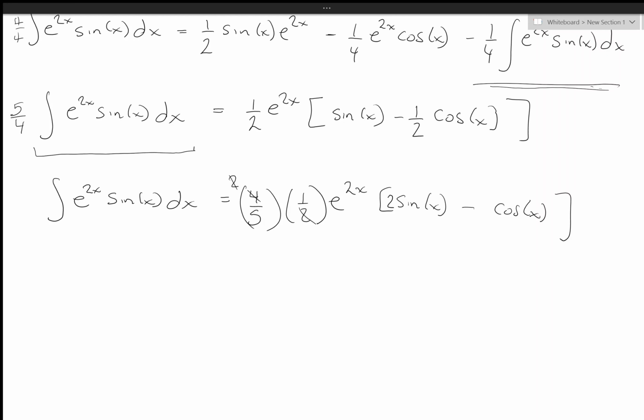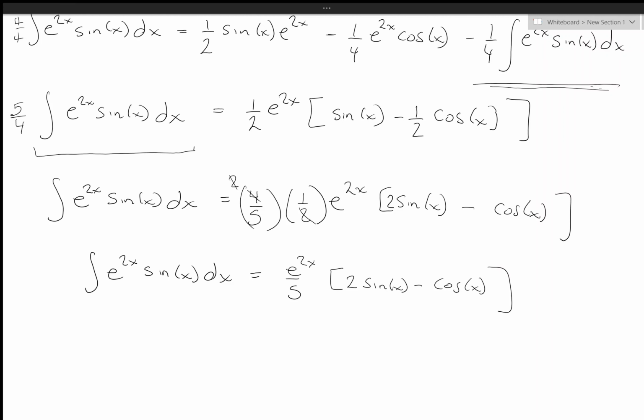So at the end of the day, the integral of e to the 2x sine x dx is e to the 2x over 5, times 2 sine x minus cos x.